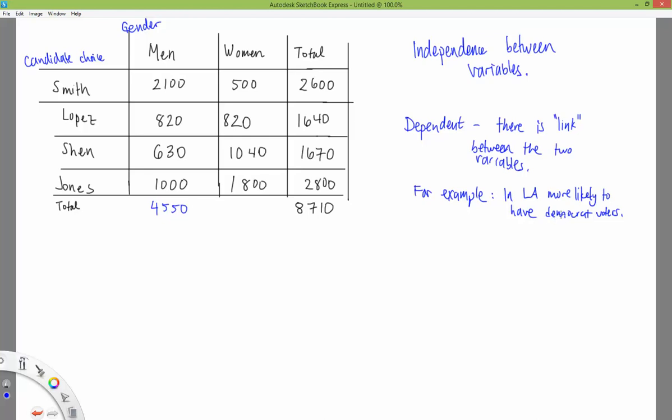Versus in Dallas, less likely to have Democrat voters. And so we would say the location and the party are dependent.